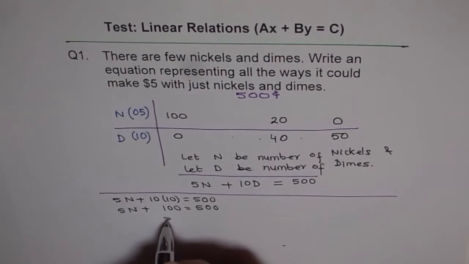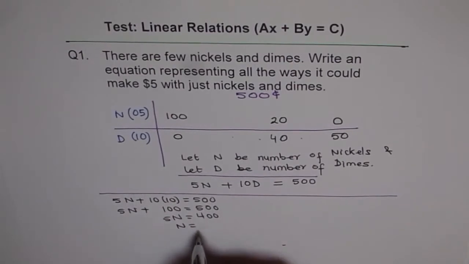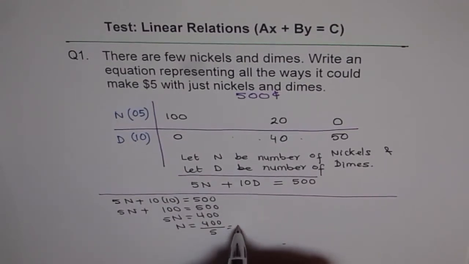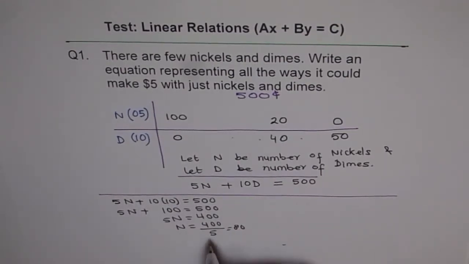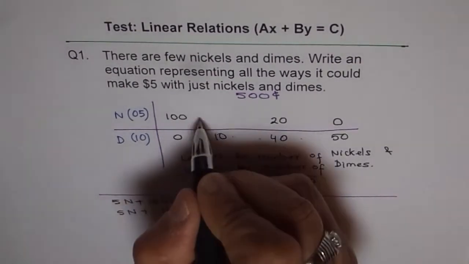Now that gives 5 nickels equals to 500 minus 100, 400. So nickels I need how many? 400 divided by 5. And 400 divided by 5 is 80, right? So we get this value. If we have 10 dimes, then we need 80 nickels.